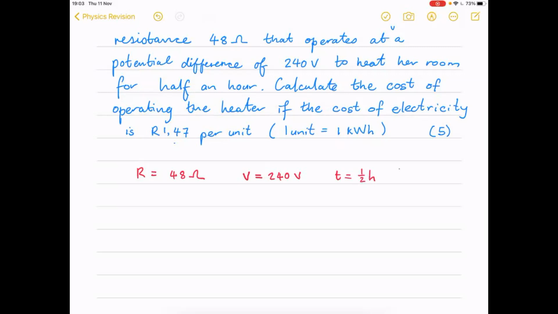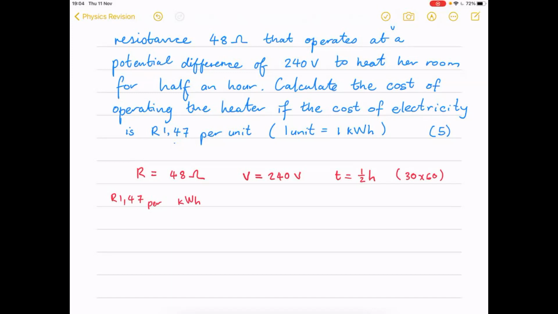And it's very tempting to write it as 30 times 60 seconds. And we also know that the cost is 1 Rand 47 per kilowatt hour. Okay, so for us to do this, we need to find out how much energy is being used before we can calculate the cost.